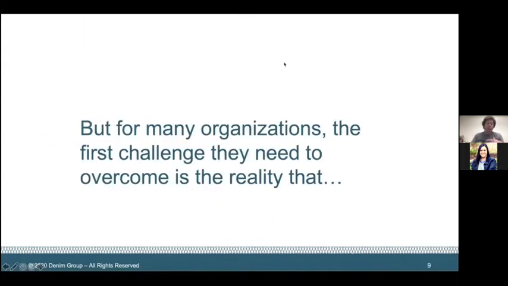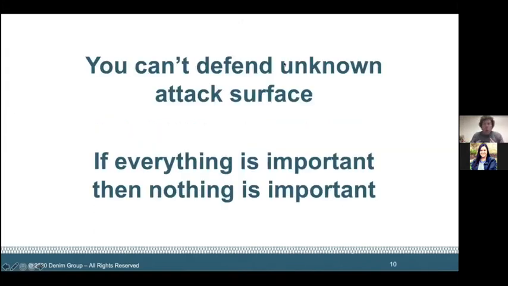Far more frequently, the real challenge when we work with organizations as they start to roll out an application or software security program is that they don't know what their application attack surface is. And they simply don't have a good comprehensive list of their application assets. Maybe they have individual pockets of knowledge, as well as other areas of ignorance, but they just don't know.